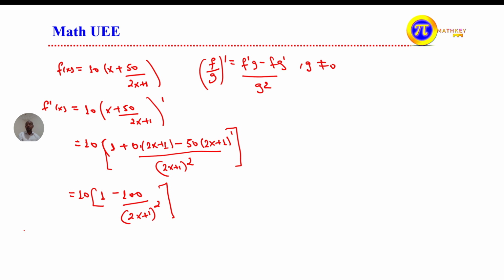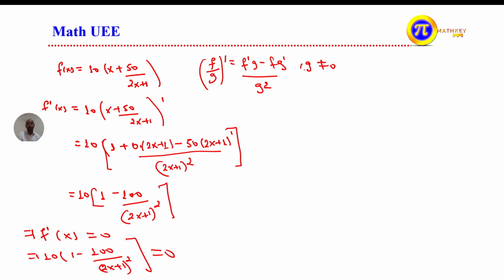After this, we find the critical number, that means f derivative at x is equal to 0. This implies 10 into 1 minus 100 divided by 2x plus 1 the whole squared is equal to 0.